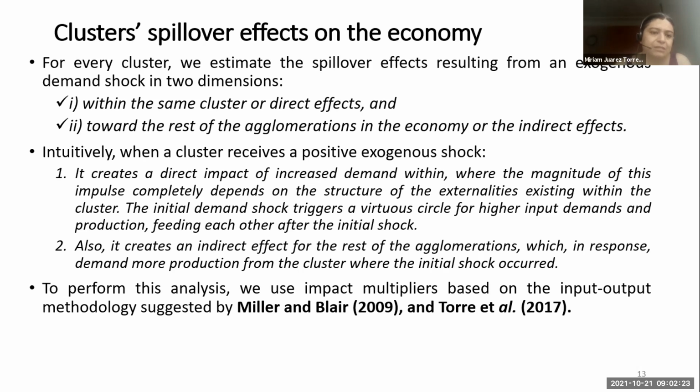And in a second step, it creates an indirect effect for the rest of the agglomeration, which in response demands more production from the cluster where the initial shock occurred. To perform this analysis, we use the methodology of the impact multipliers based on the input-output methodology suggested by Miller and Blair and Torre.